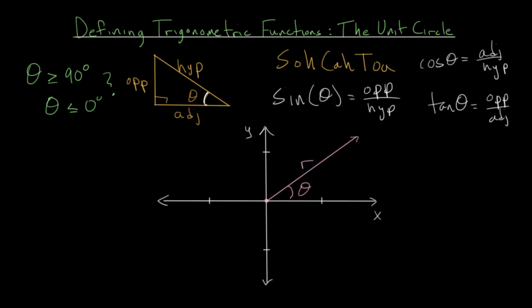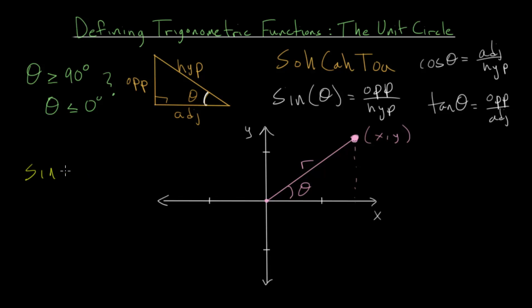Let's say this ray terminates at the end of this arrow. We can turn this into a point. The definition for our trig functions will be very similar to the right triangle definition, since we can form a triangle here, or we can just consider the x and y value of this point, and it's at a distance r from the origin.